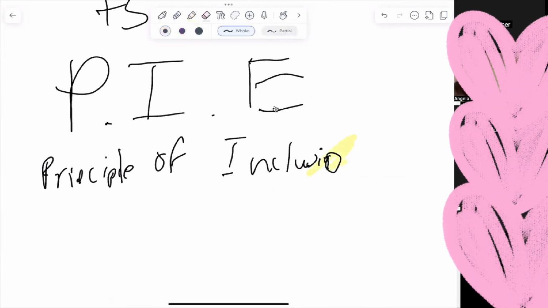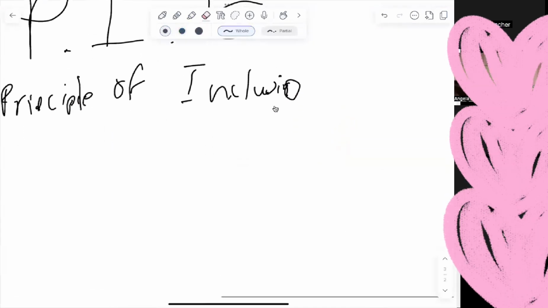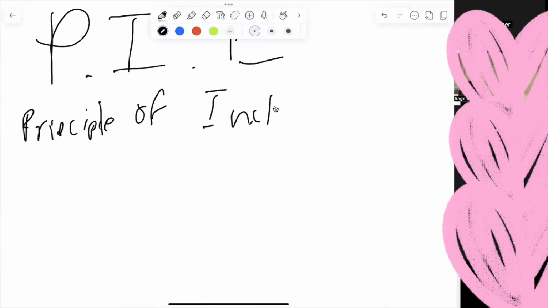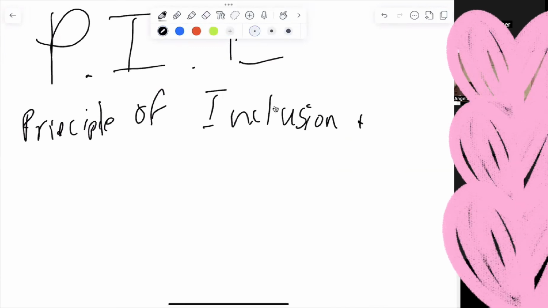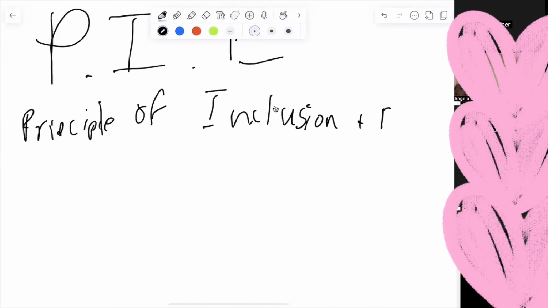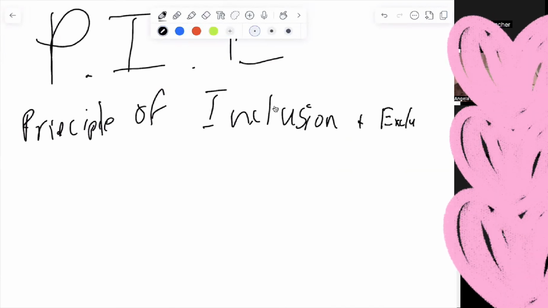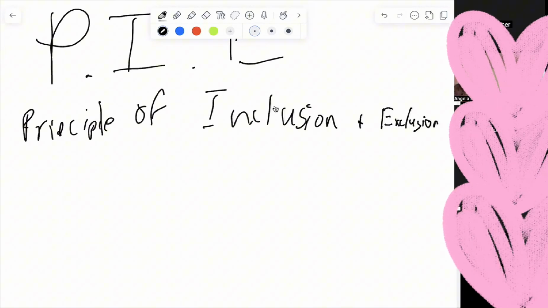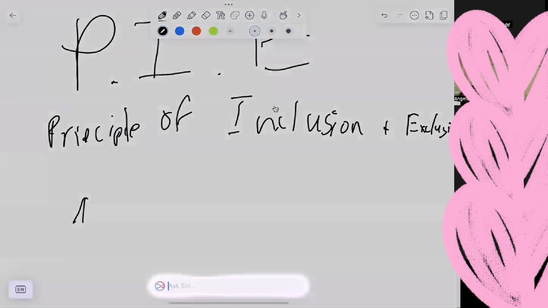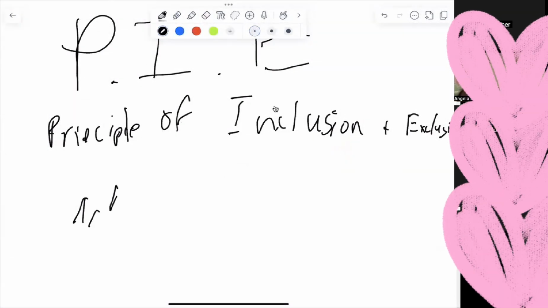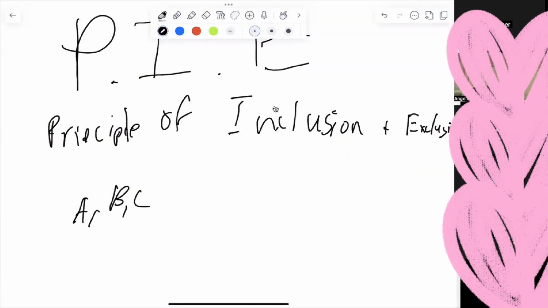Oh my god, my writing is so sloppy. Inclusion, plus, this plus means and, exclusion. So basically what it says is, say we have sets A, B, C.